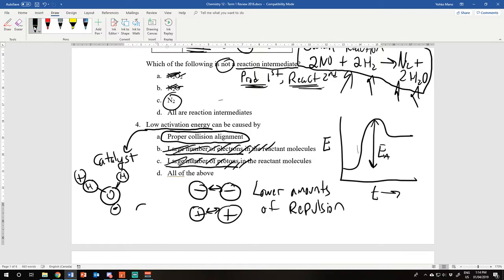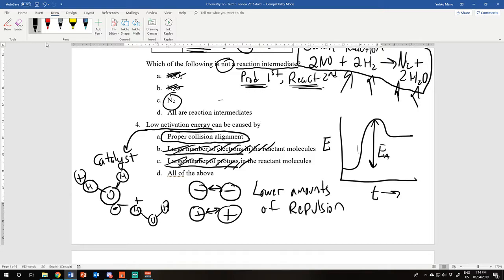So if I'm trying to combine water molecules and I'm trying to ram the water molecules like this, that is probably going to increase my activation energy, because I'm trying to ram two negative ends together. If instead I rearrange the water molecules so they look like this, have my hydrogen there, have my oxygen there, have my hydrogen here, there we go.